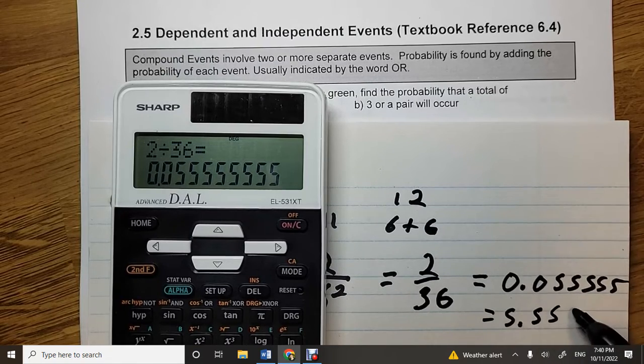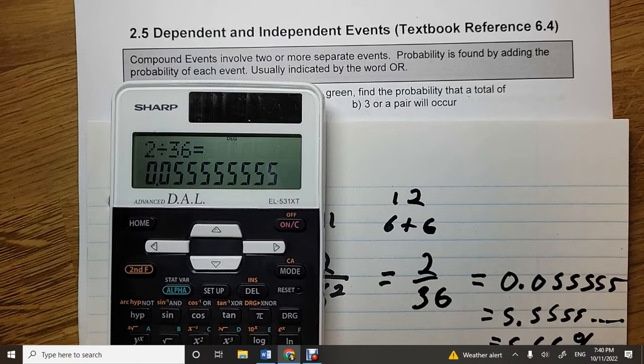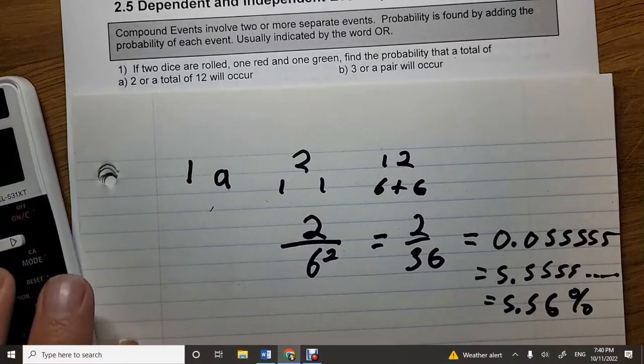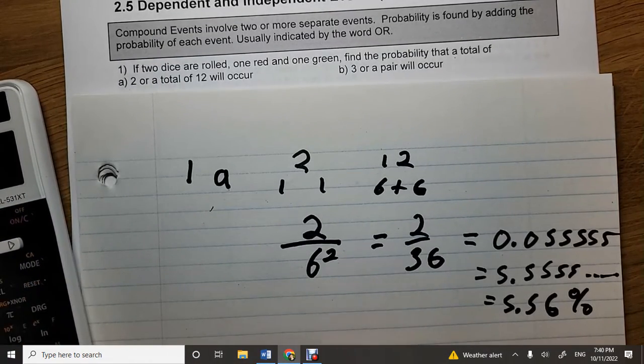It just keeps going, so it's 5.56% if you round it correctly. The 5.5 rounds up to 6. So it's 5.56%.